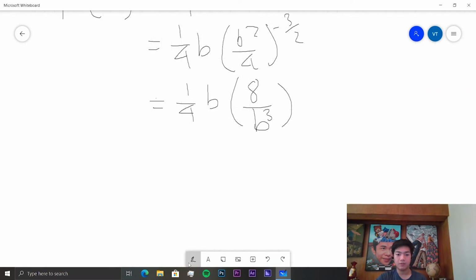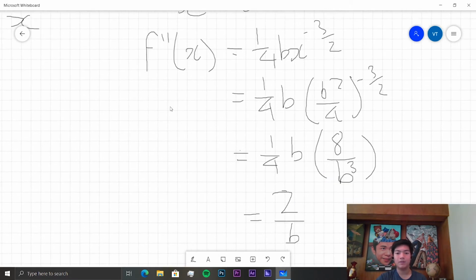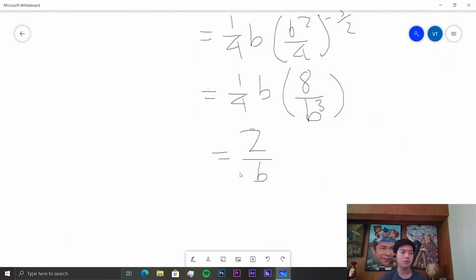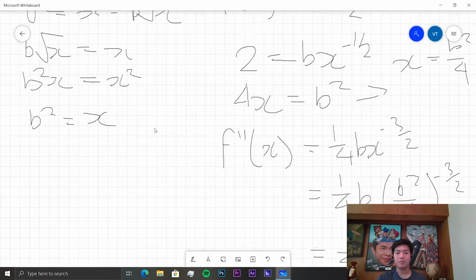So this will be equal to 1/4 times 8, so this would be 2 over b. Since b is a positive real number, this will evaluate to a minimum. So we get that this is a minimum point.